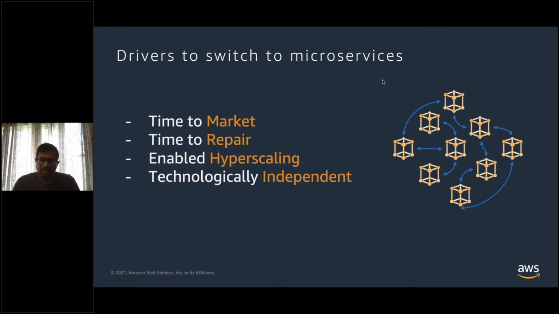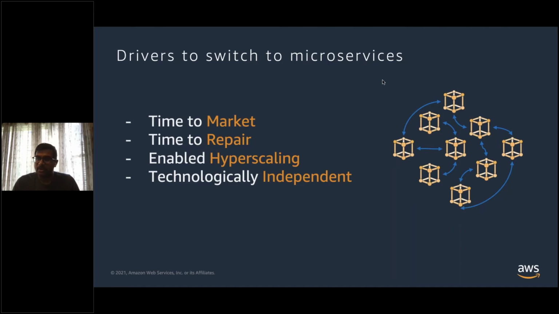And we also talk about being technologically independent. What we mean by that basically is you don't want to lock yourself into whatever technology you are on. You want to keep your options open, in the sense that if there is a right tool for the right purpose, you want to use that.